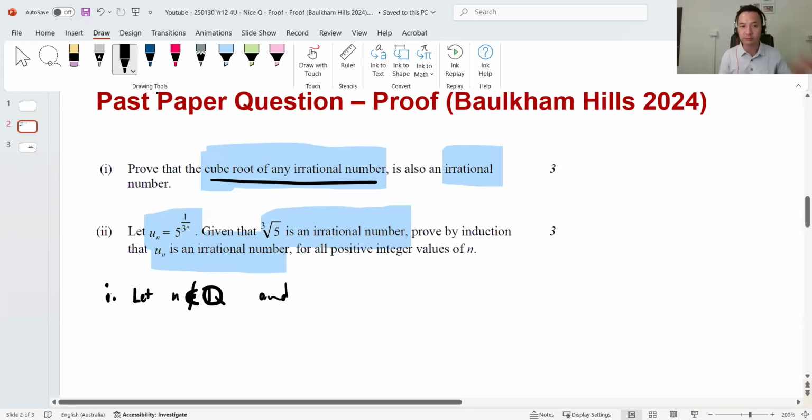So I'm going to let n be irrational and then let the cube root be rational, because I'm going to do contradiction. I'm assuming the opposite. So the cube root of n is also rational, where the cube root of n equals p on q.